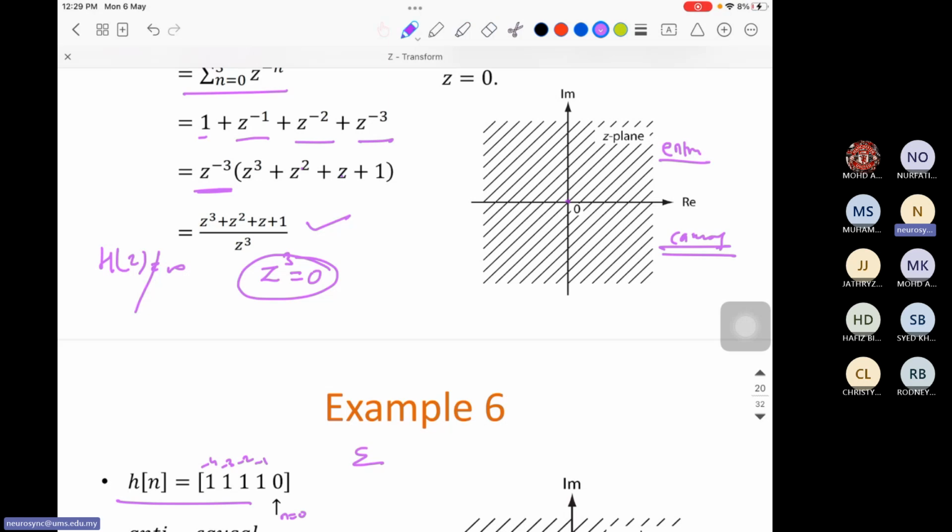So the summation is from n equal to minus 4 to 0. Can you find out whether the system is causal, anti-causal or non-causal? Find H(z) for this. What will be H(z) for this?